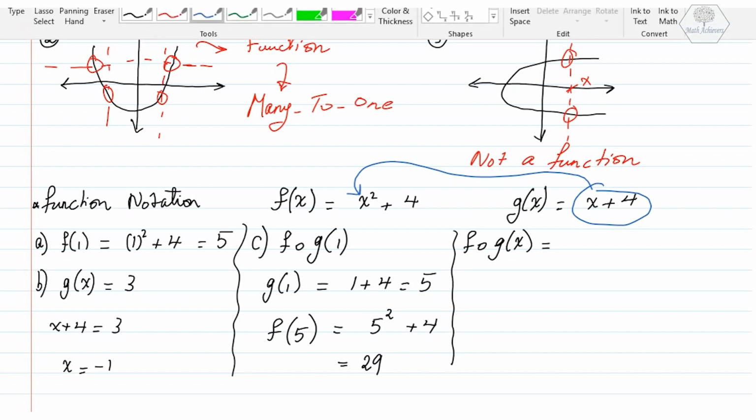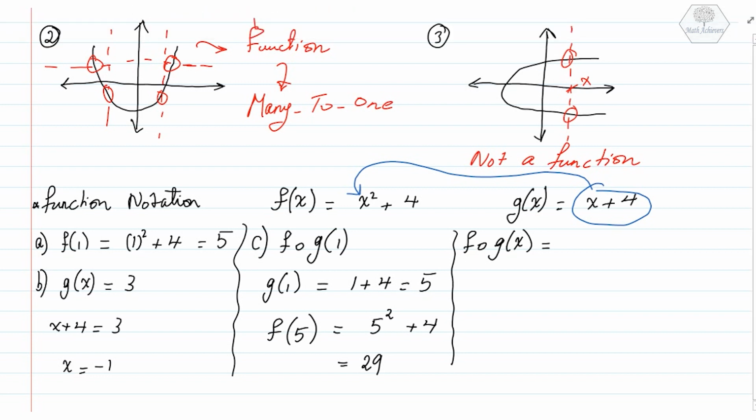So it becomes x plus 4, all of it, squared, plus 4 outside, which is equal to x squared plus 8x plus 16 plus 4, which is equal to x squared plus 8x plus 20. This is for the composite functions.